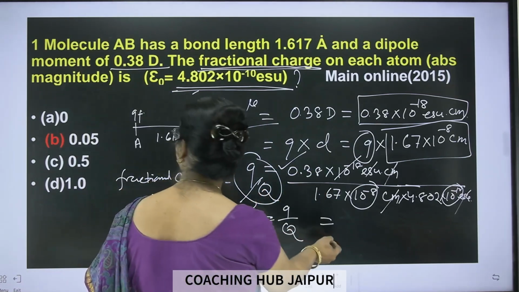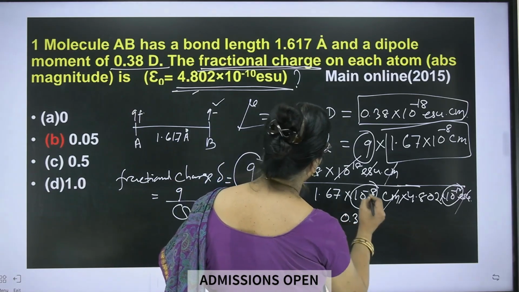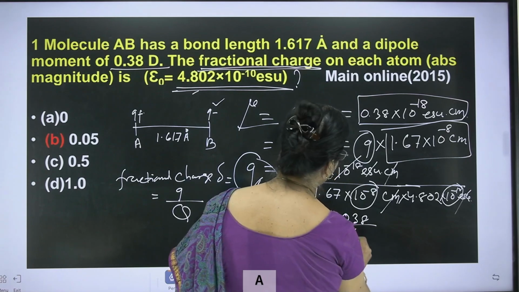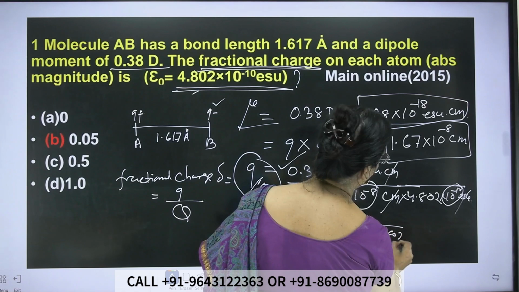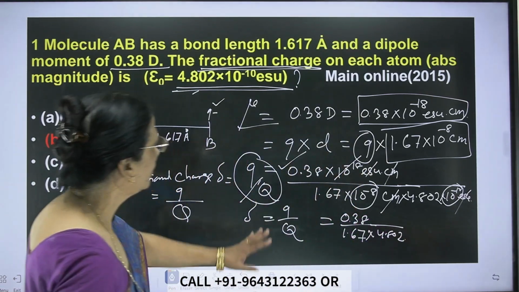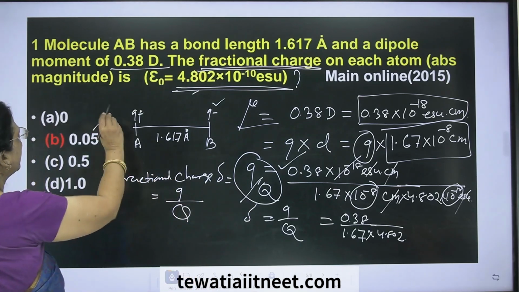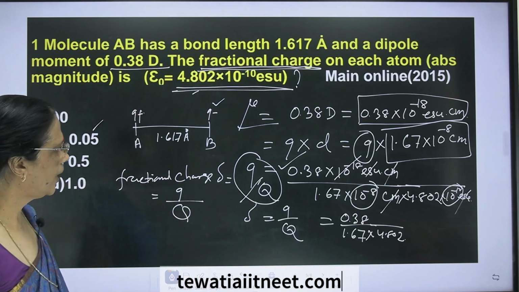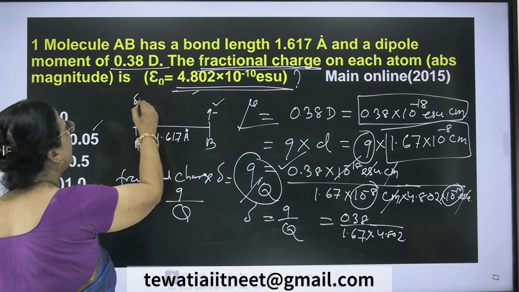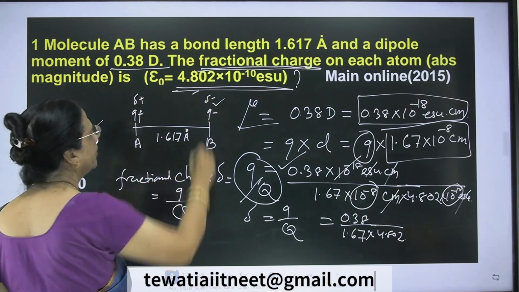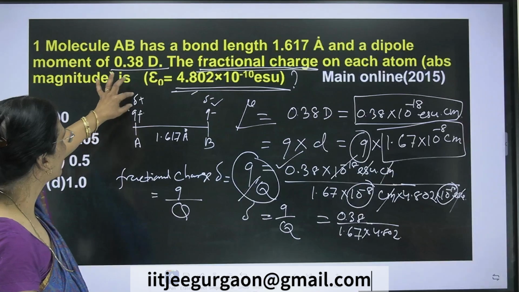So we get 0.38 divided by 1.67 into 4.802, which is the fractional charge. Solving this, you will get 0.05. So this is delta positive, this is delta negative. You see the difference: this is your partial charge, this is your fractional charge.